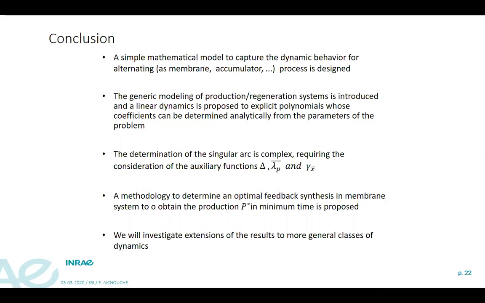The determination of the singular arc is complex, requiring the consideration of an auxiliary function, and a methodology to determine an optimal feedback synthesis in membrane systems to obtain the production P star in minimum time is proposed. And finally, we will investigate extension of the results to a more general class of dynamics.